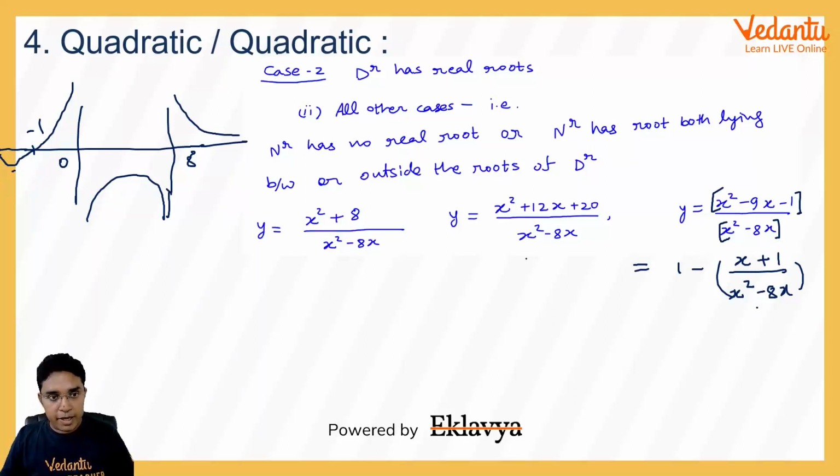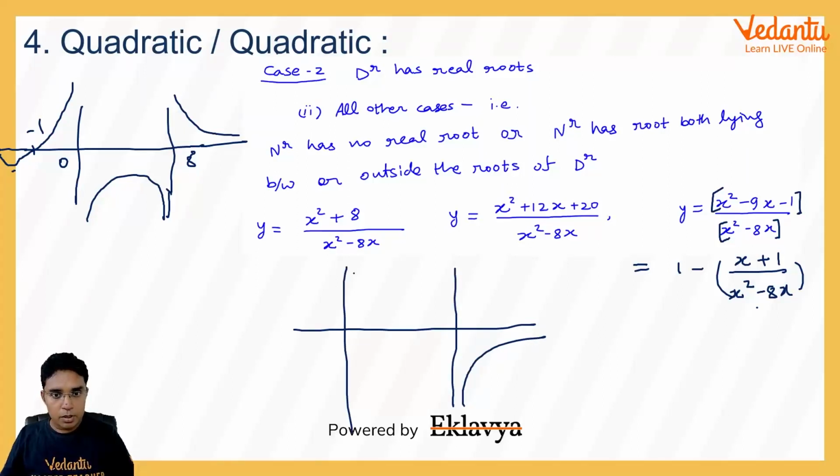Now because there is a minus sign, we have to reverse the shape of this graph. So how this will be, I think here it will go like this, here it will go like this, and then from here point of maxima, and then it will go like this, and then we have to add 1 to it, and we are adding 1 to it means the graph will go above.